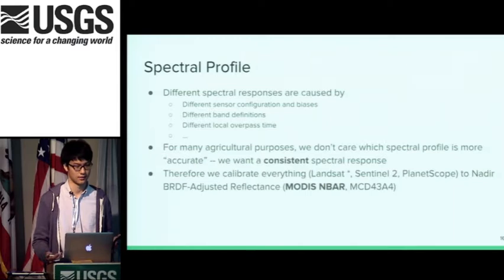So if I am working on, for example, a Landsat image, and I have another PlanetScope image, we want both images to be comparable. They have different resolutions, sure, but we'd like them to have the same spectral profile. Therefore, we corrected everything else, Landsat, Sentinel-2, PlanetScope, to MODIS NBAR, because that is a widely used and well-trusted surface reflectance dataset.